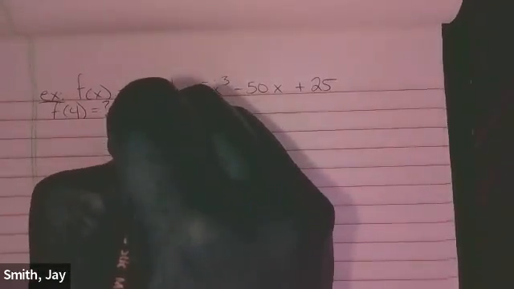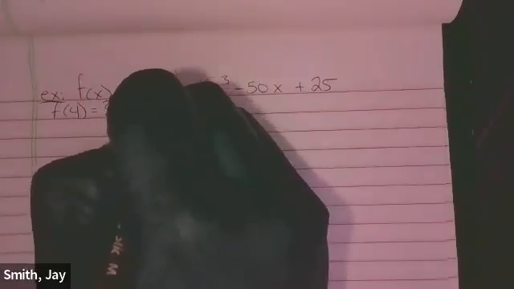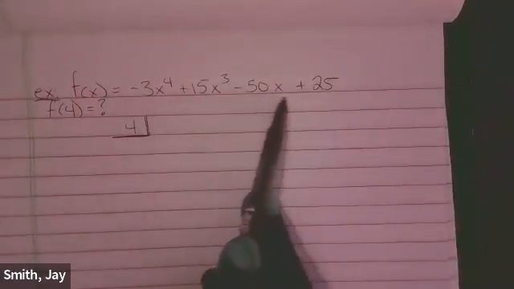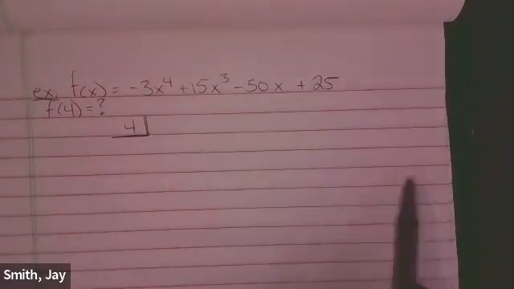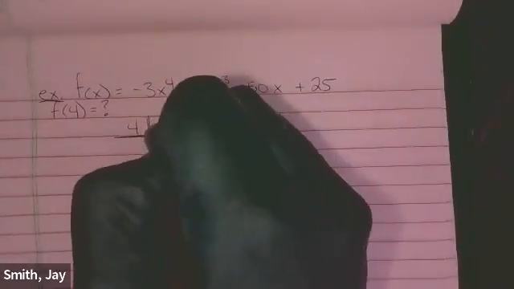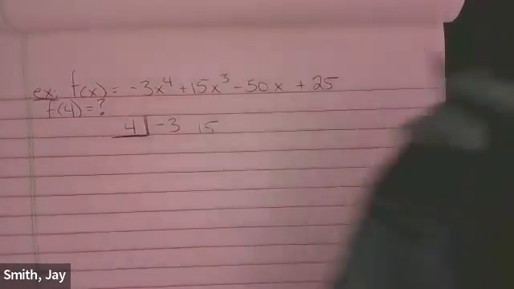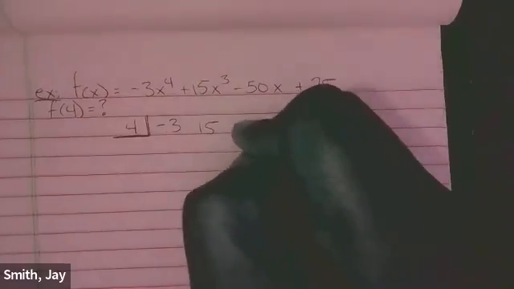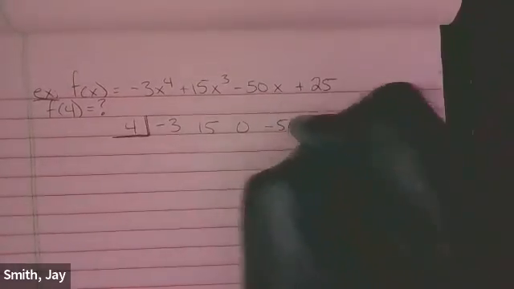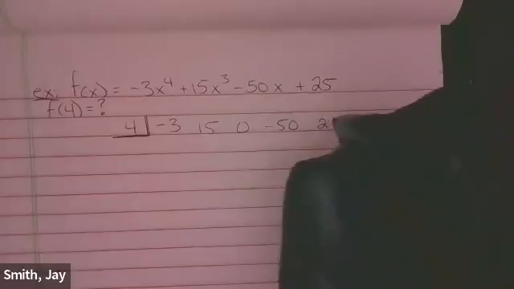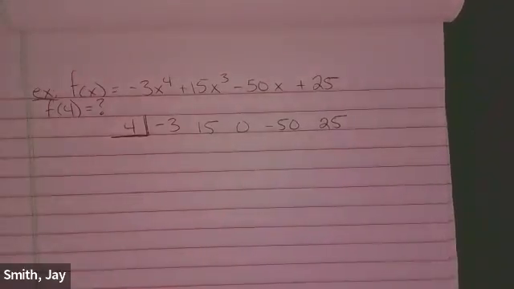The remainder theorem just says that we can set up our synthetic division, setting up our 4 on the outside, accounting for the coefficients and making sure that we account for every degree. So here we have -3, 15, 0, -50, 25.